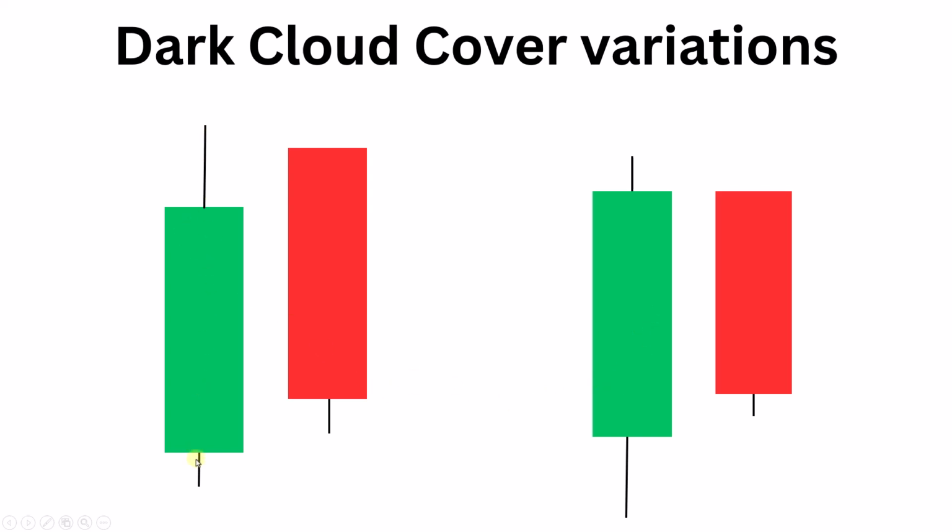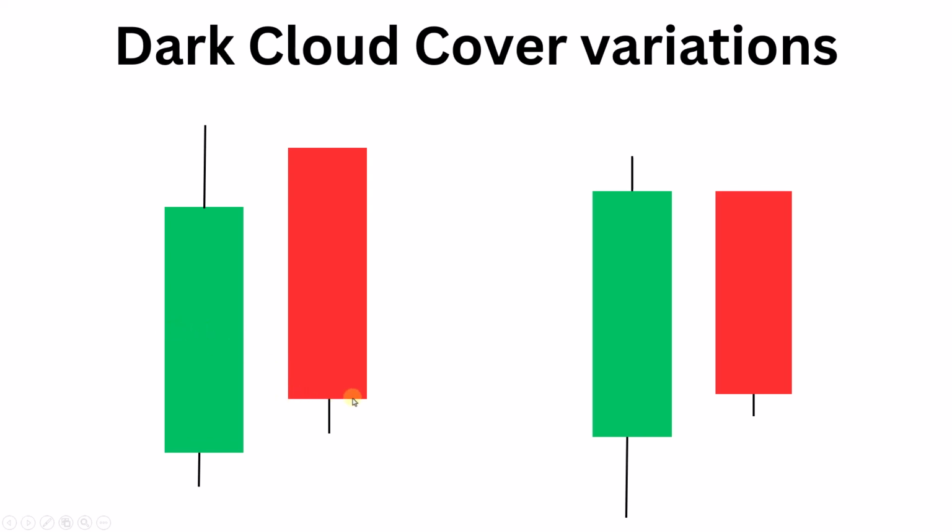Here we have a green candle, which is just as we want it. Here, the opening of the second candle is not above the high of the green candle. It has happened below it. But then, the closing of the second candle is way below the midpoint of the body of the green candle.